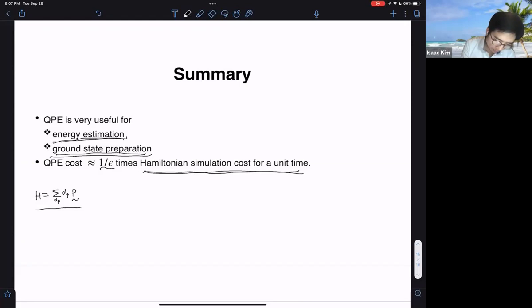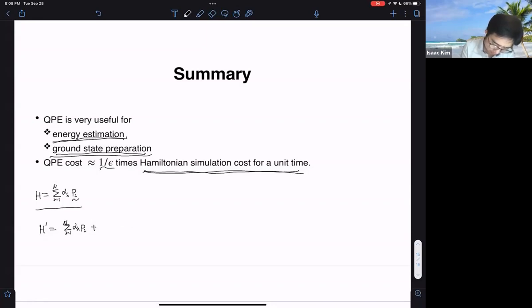One way to deal with this is to define this new thing, let's say H prime. Sorry, this is not a great notation. Maybe this would be better. Let's say there are n terms, and let's say each P_i is a normalized operator in some sense.